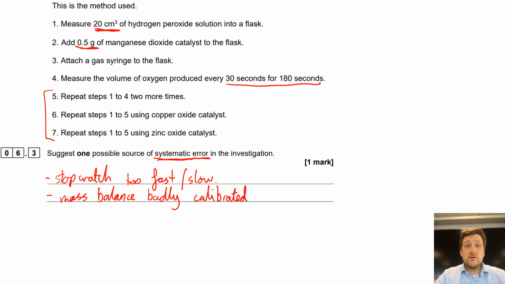It might start at 0, but it's actually badly calibrated. Now, that's our mass balance, but we could also say the measuring cylinder is the same. We think of this less obviously because there's lines drawn onto it, but it could be the same. They could have painted the lines on the wrong bit, etched the lines into the wrong actual volume, so they might all be incorrect or badly calibrated. And all of these things of the equipment being wrong is our systematic error.